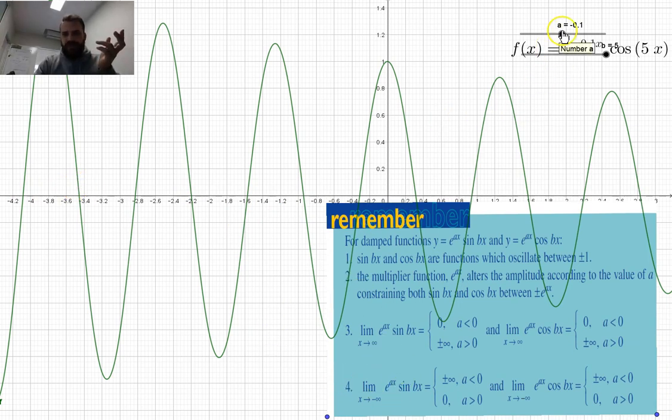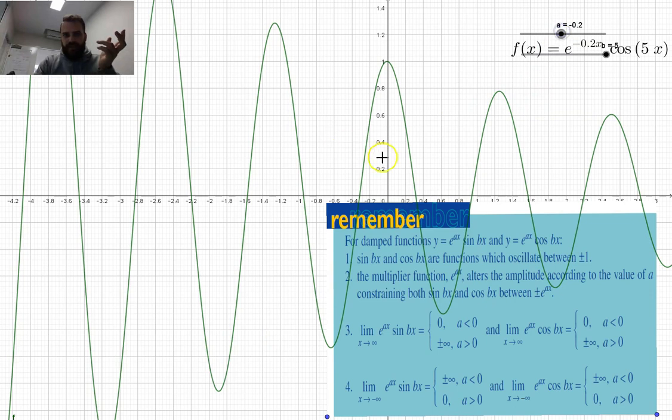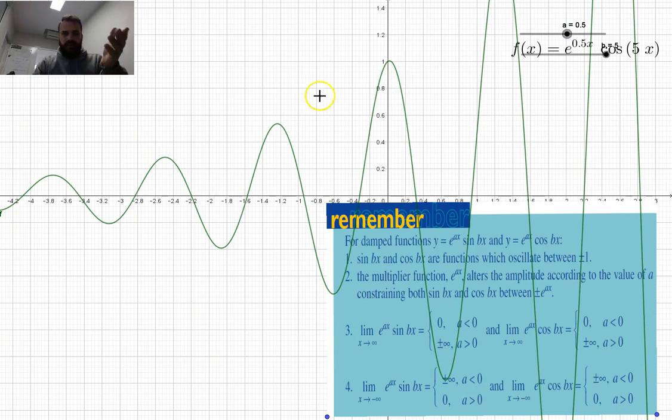If a is less than 0, which it is right now, as x approaches negative infinity, then my function is going to be positive infinity or negative infinity. That's where we're heading. And if a is greater than 0, you can see that as x approaches negative infinity, the function approaches 0, comes down into that point.